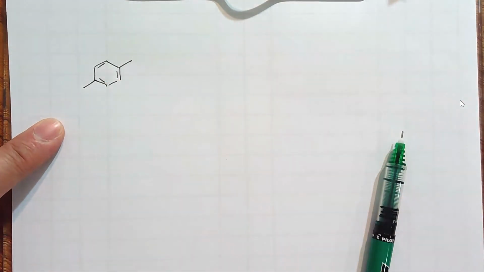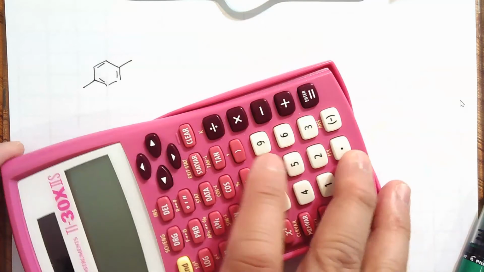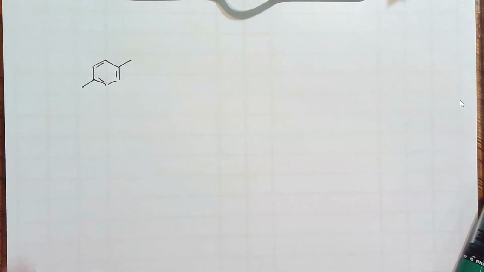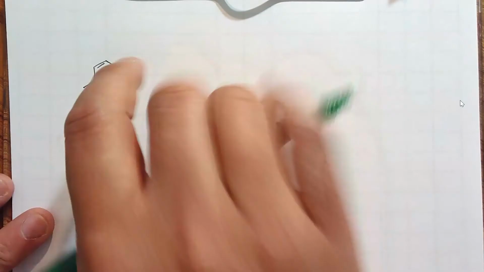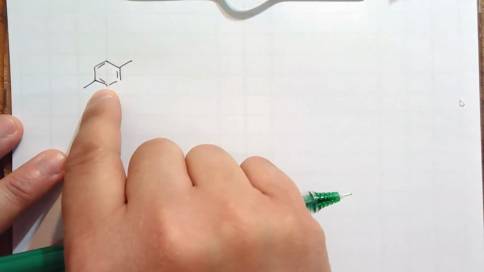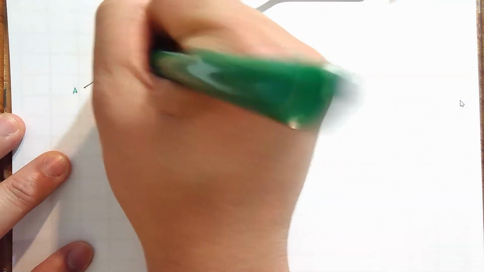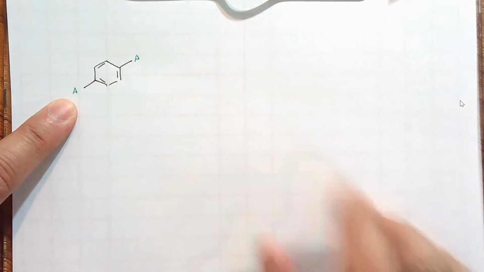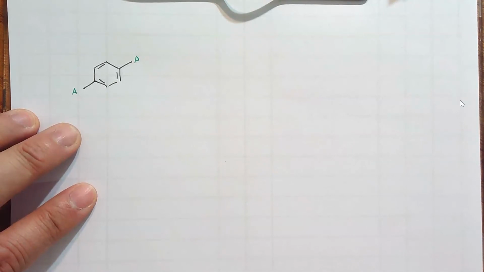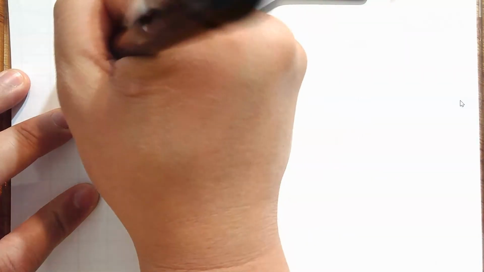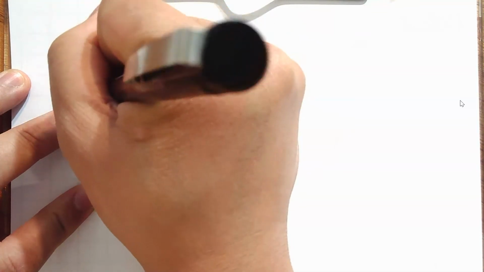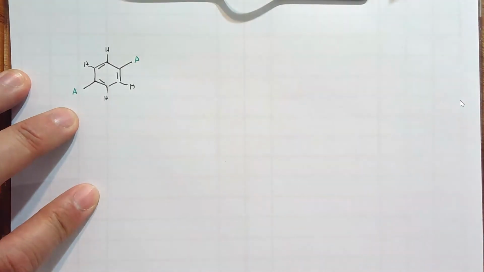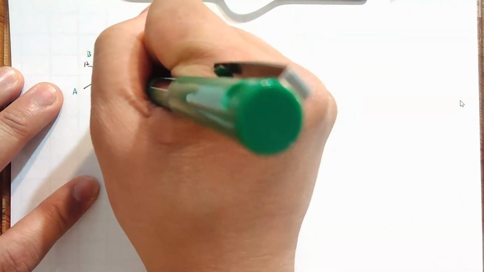If I take this molecule, let's say it's my calculator, and I flip it, those methyl groups will end up where these methyl groups are. This molecule's flat. This is a benzene ring. So I have a signal for the methyl groups, but they are equivalent methyl groups. And you know that there's a hydrogen on each of these carbons. Again, due to symmetry, all of these hydrogens are the same chemical environment.